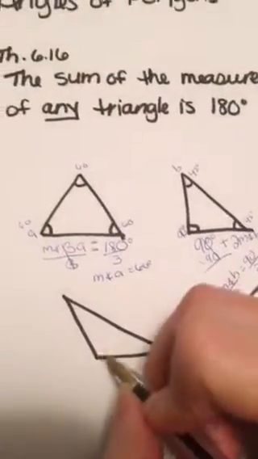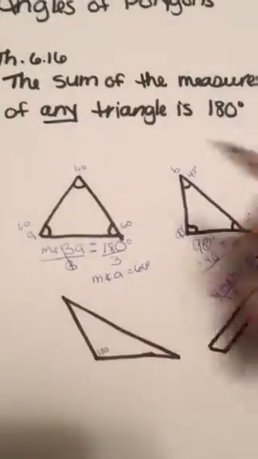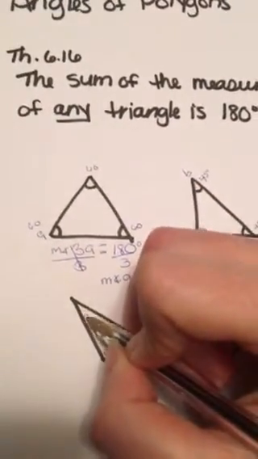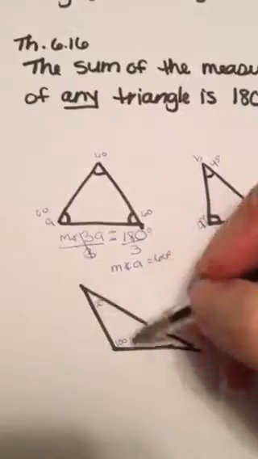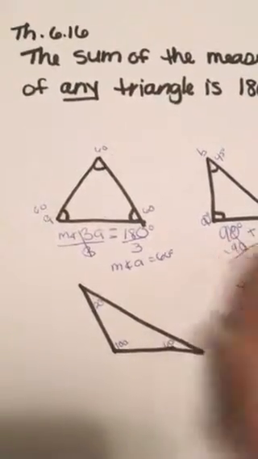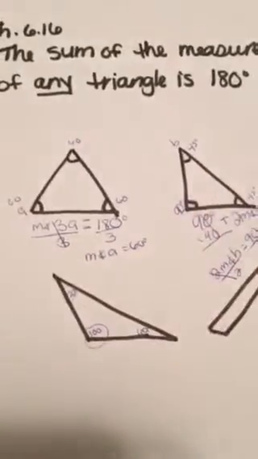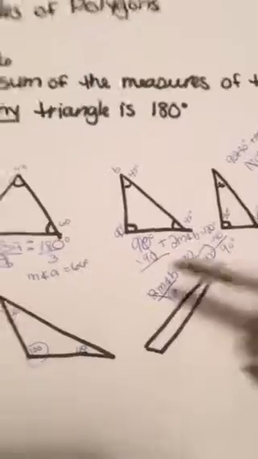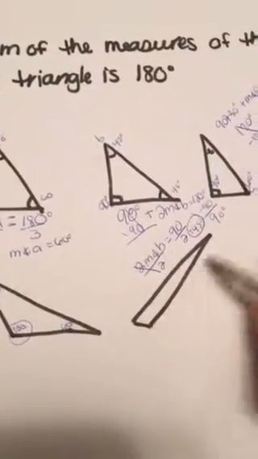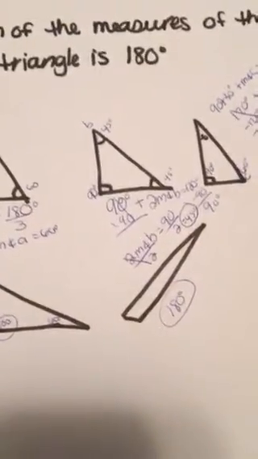So this could be like a 100-degree angle, and this could be 20. So 100 plus 20 is 120. That would make this one 60 degrees. But this would have to be given to me to know what this one is. And the angles for this type of scalene are also going to equal 180 degrees.